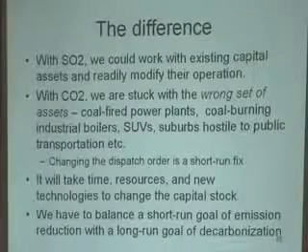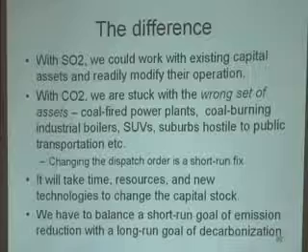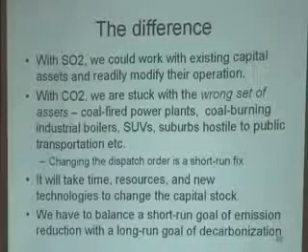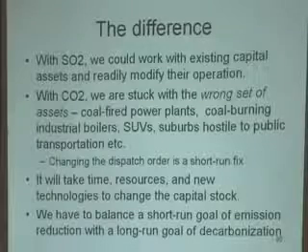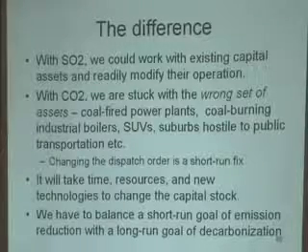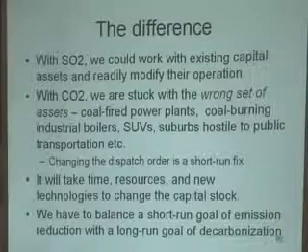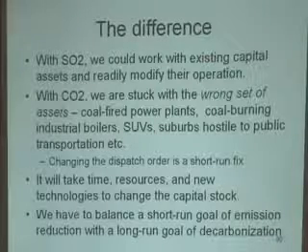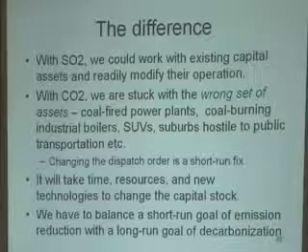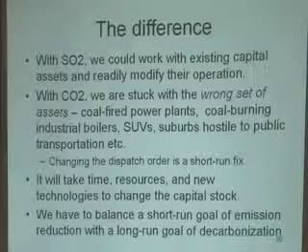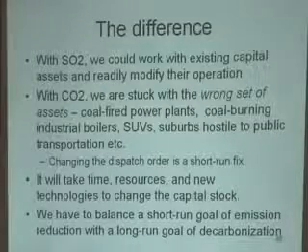The larger problem is exactly this, that we are stuck with the wrong set of assets. We have fossil fuel power plants that can't readily be reoperated. We have SUVs and gas guzzlers that can't readily be reoperated. You can just not drive them as much, but you can't wave a wand and make them not use gasoline. We have urban sprawl and suburbs and no public transportation.